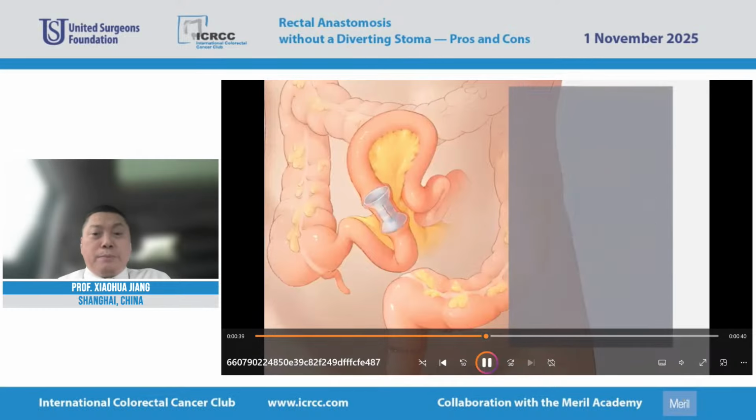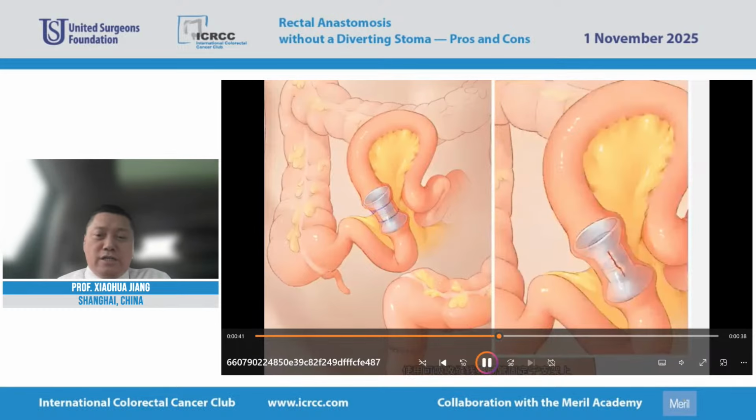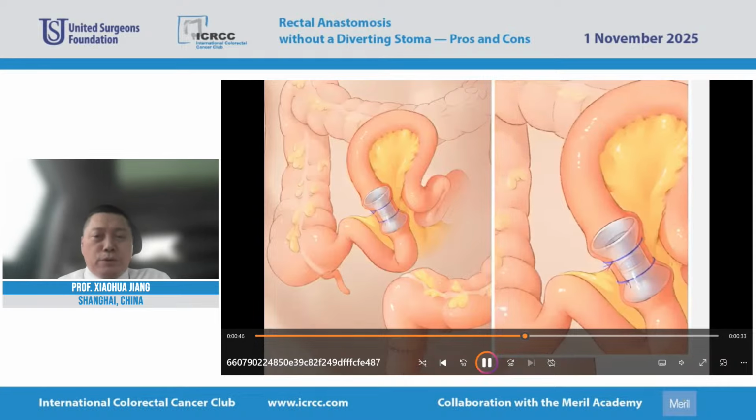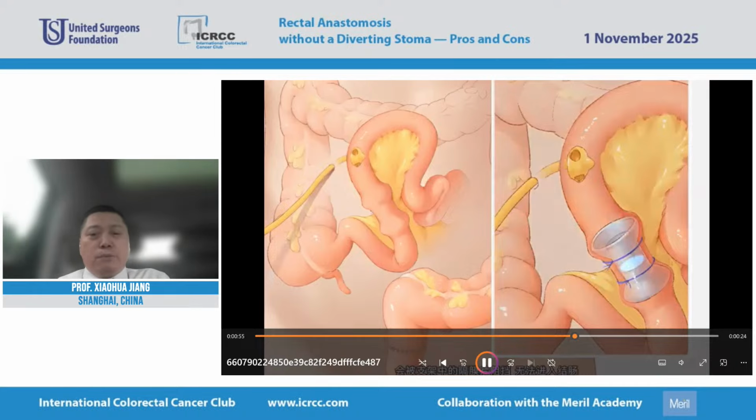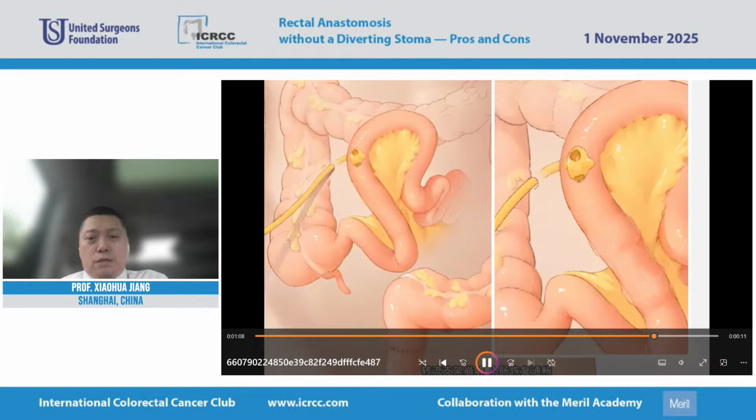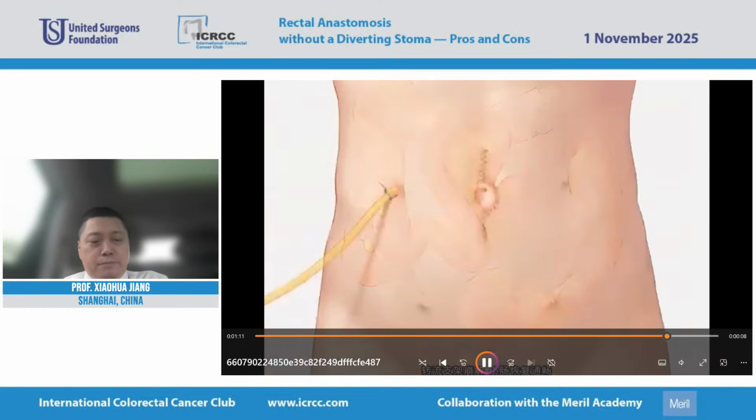We put the degradable stent inside the ileum, and then close the ileum, and then we put the mushroom-like tube around 5 to 2 centimeters proximal to this stent, and then the tube is fixed with the abdominal wall and drained from the skin of the right lower quadrant abdominal wall, so that we do not need to perform a stoma.